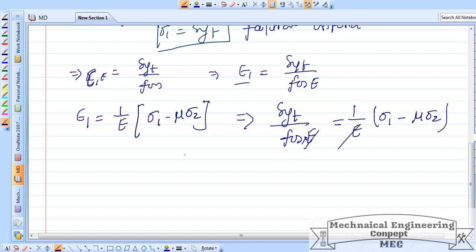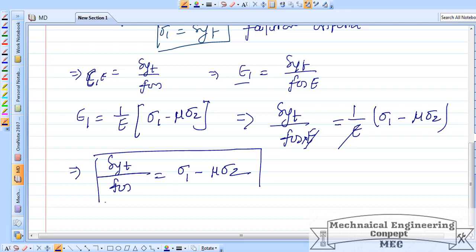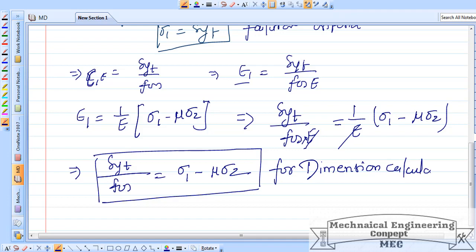E and E cancel out from both sides. We can write it as SYT by FOS is equal to sigma 1 minus mu times sigma 2. This is the equation for dimension calculation of a mechanical component.